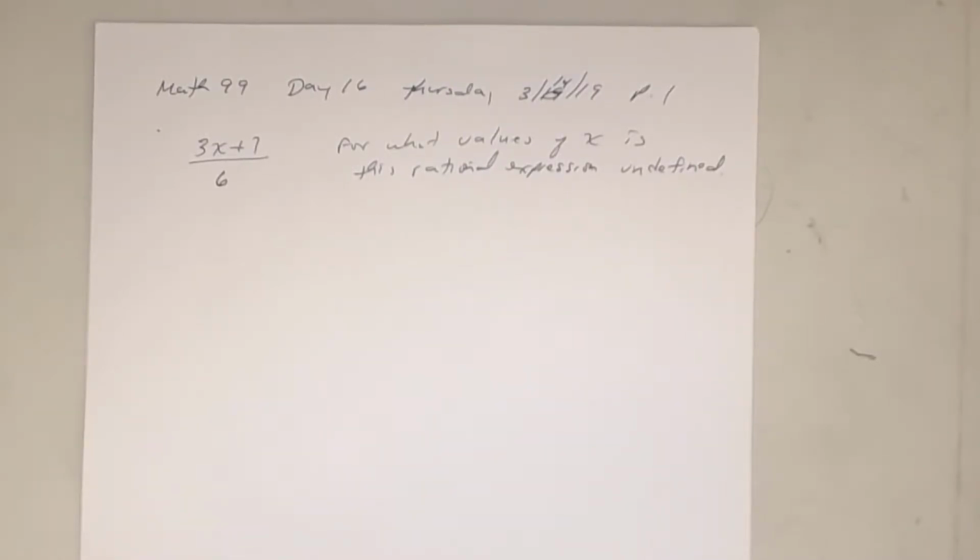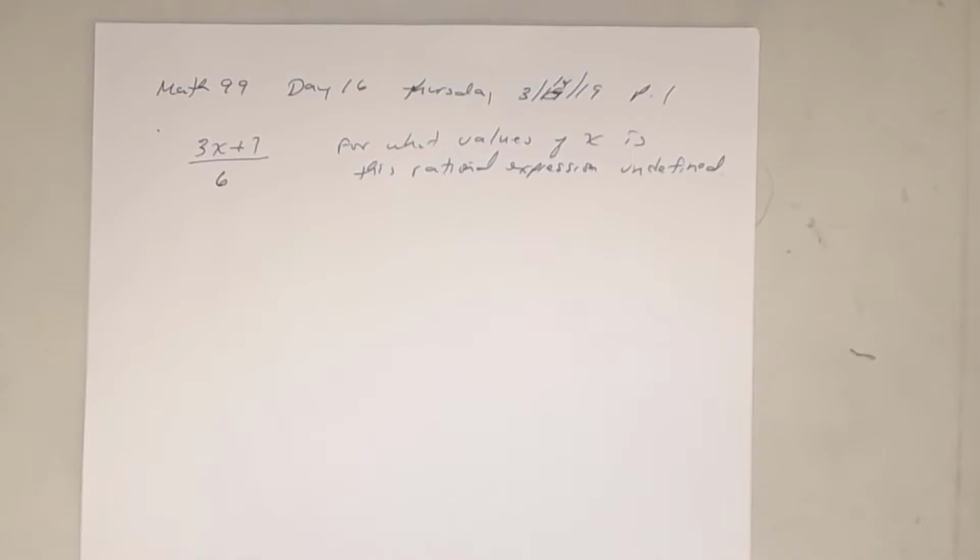Your rational expression is undefined when the denominator is 0. So what do you do when you have a rational expression? You want to find out where it's undefined. What did y'all do in that worksheet? Put what equal to 0? The denominator. What's my denominator here? 6. So what's getting you is the fact that you don't see a variable down there, right? That's why you're not sure what to do.